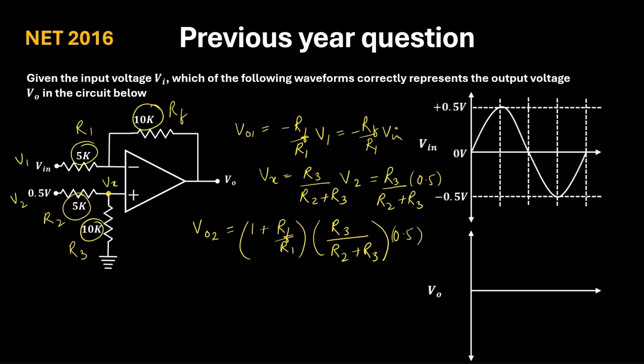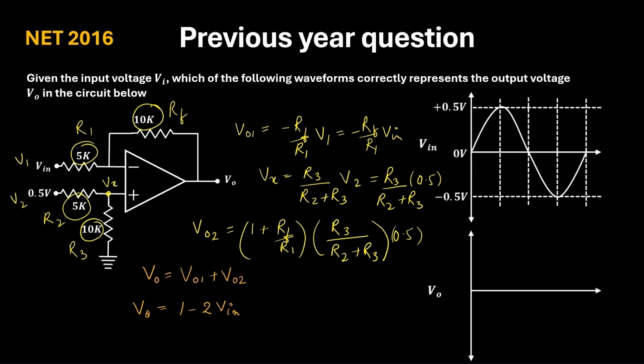So the net output will be given by V01 plus V02. Now you can pause the video and substitute the values of R1, RF, R2 and R3, and you'll get a final expression of V0 is equal to 1 minus 2 of V input.